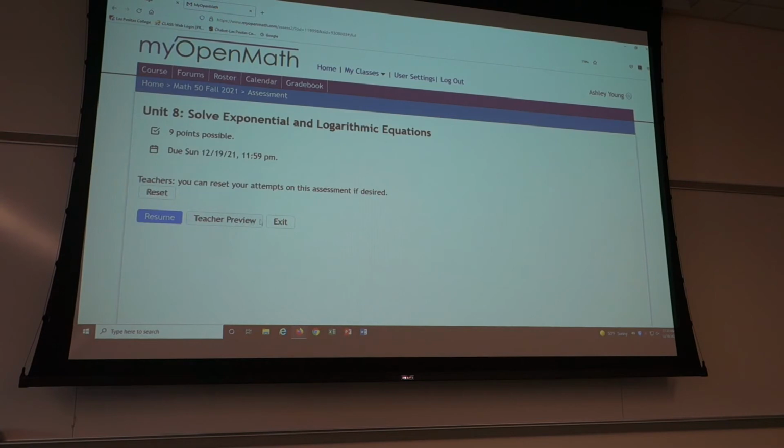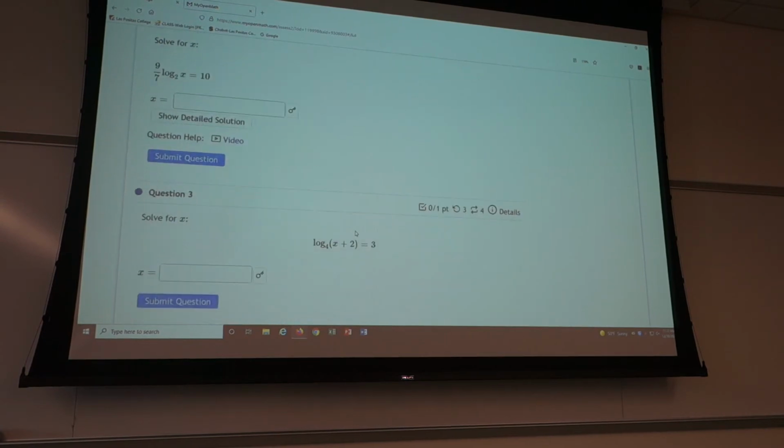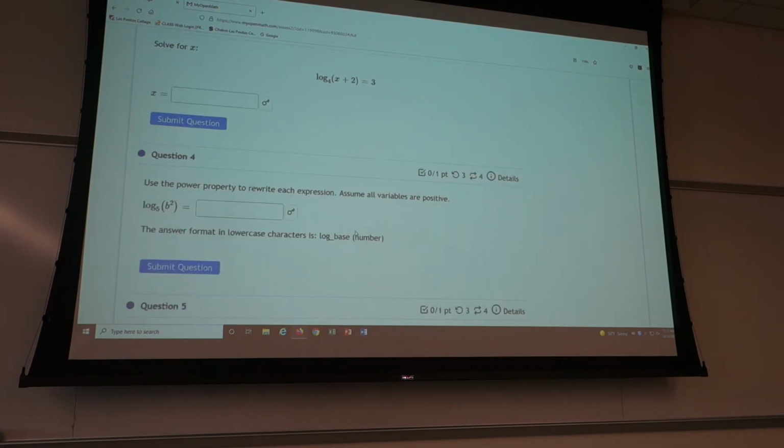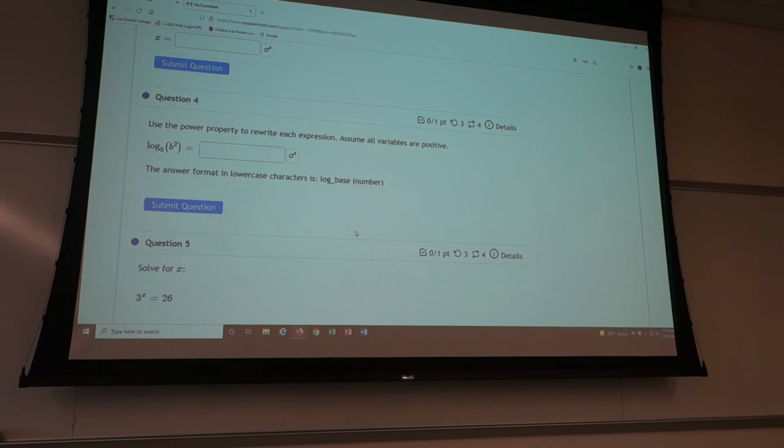Is it due today? There's 2 homeworks due tonight. He asked if it was due today. No, this is next week. One of them is due tonight, and one's due on Sunday. This one's due Sunday. The other one we looked at is due tonight. Well, it says due on the 10th. That's the unit 7 still.